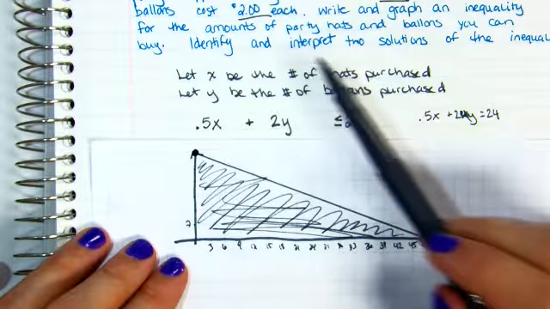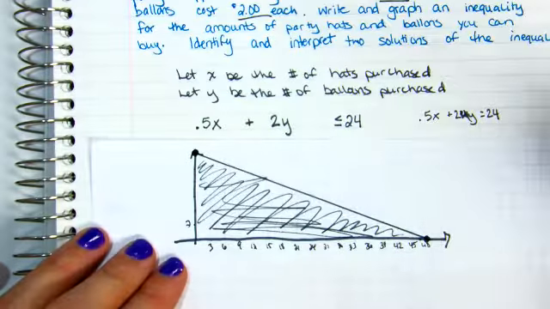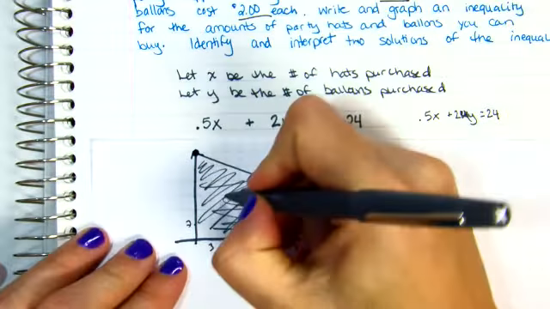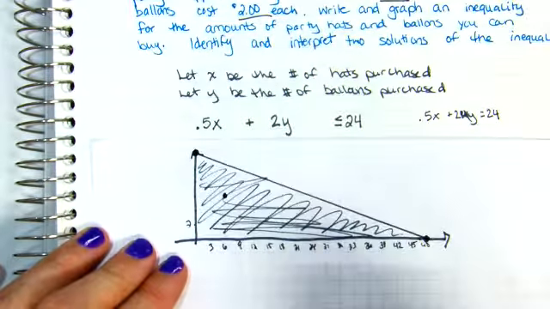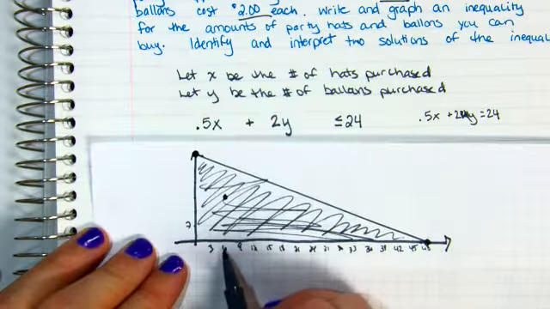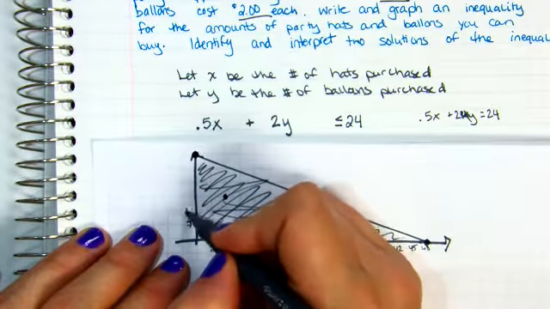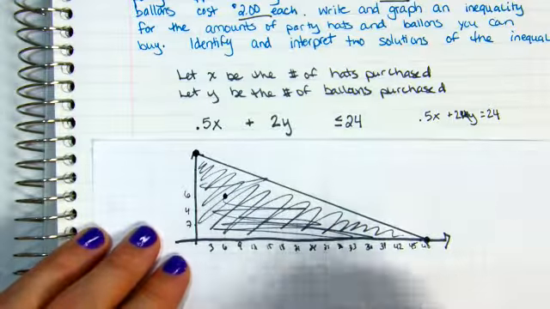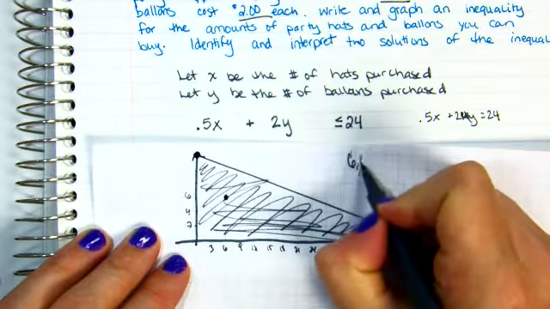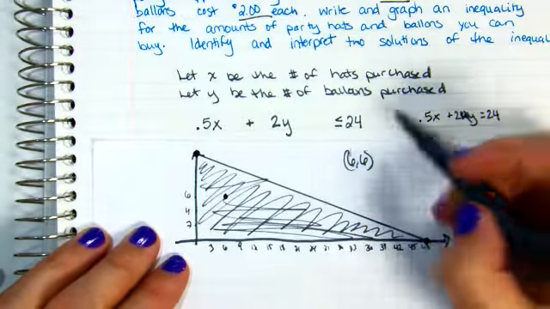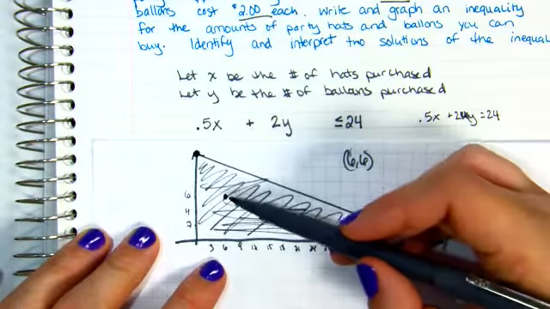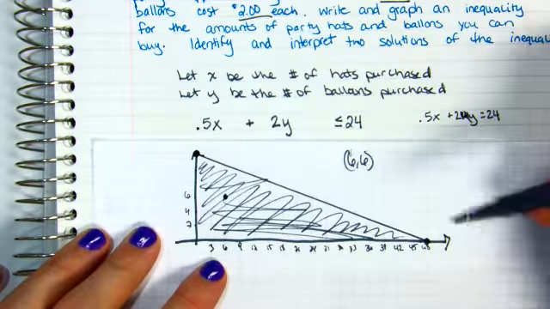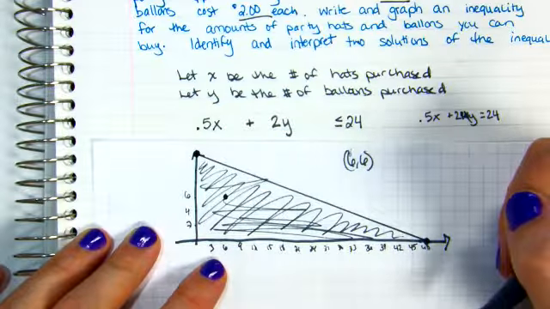The next part said identify and interpret 2 solutions of the inequality. This point right here is a possible solution, where x is 6 and y is 6. So (6, 6) means you buy 6 hats and 6 balloons, and you've spent less than $24.